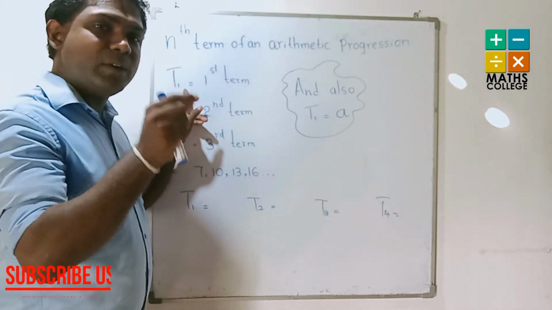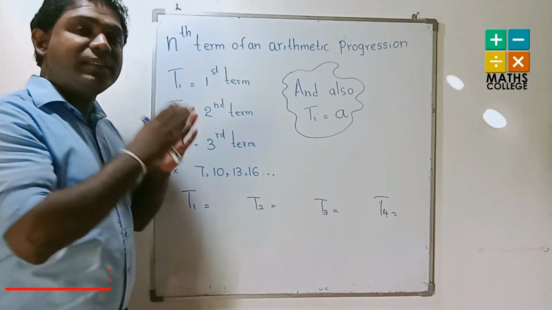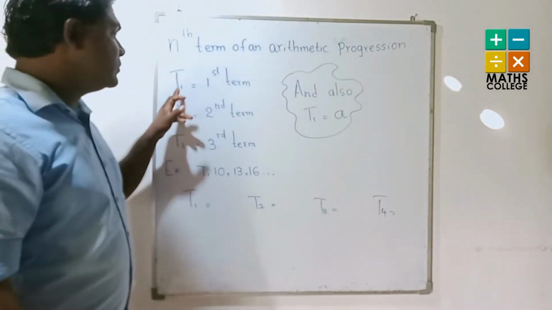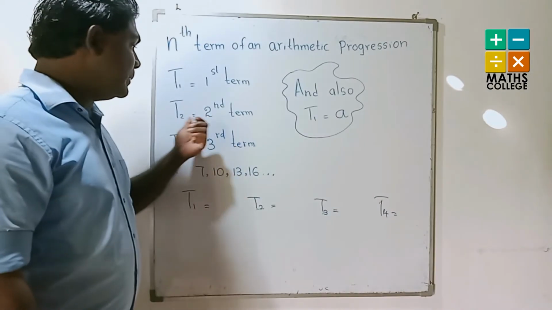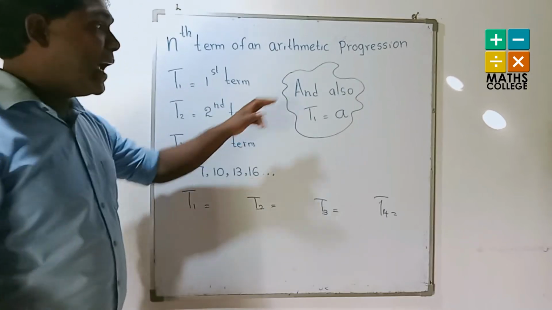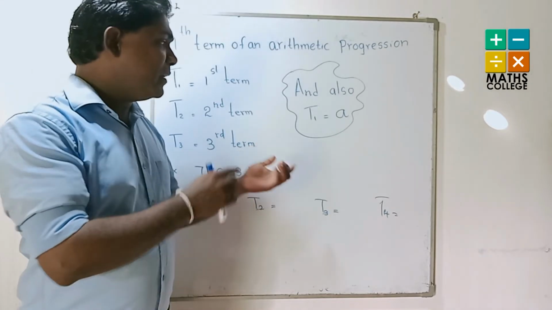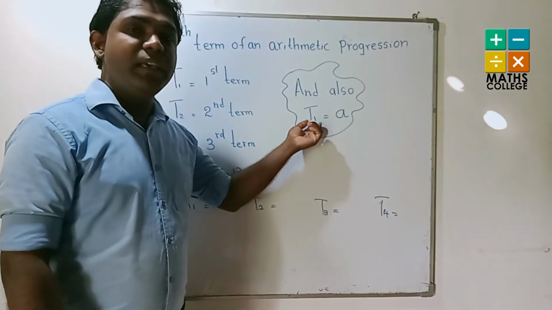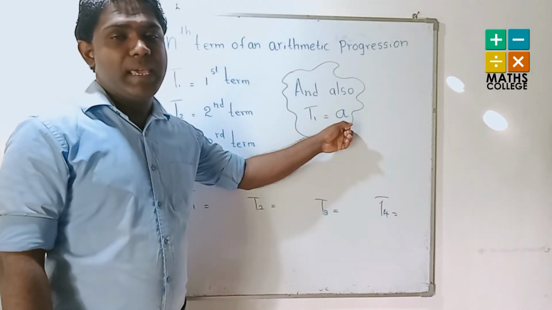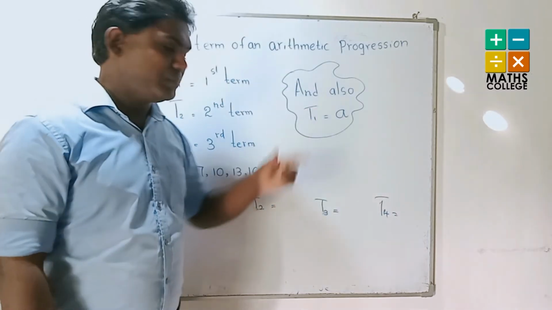T is the first letter of the word term, and we use the capital T to symbolize a term. First term T1, second term T2, and third term T3. And also we can symbolize the first term especially as a simple A, like the simple D for the common difference.